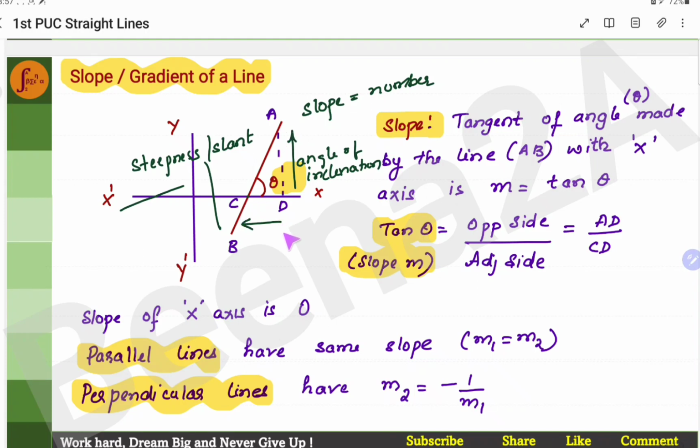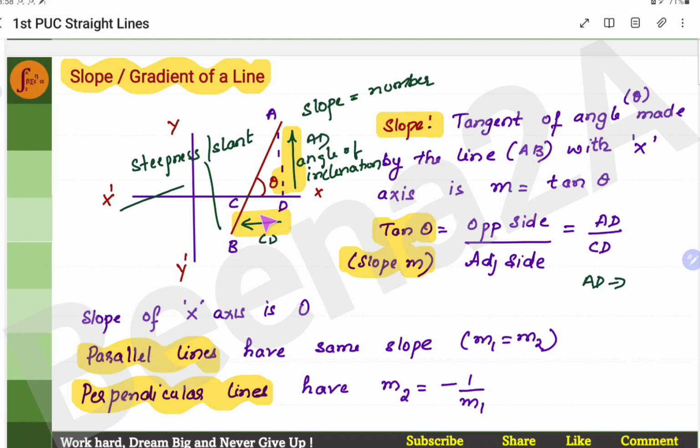How much you move this side and how much you move upwards will indicate slope, which means AD and CD. AD will tell you the number of steps to move from this axis to meet this line, and CD will tell you the distance I have to move from D to C. That is, from D you want to meet this line. So what is the distance? That is CD, and this is AD.